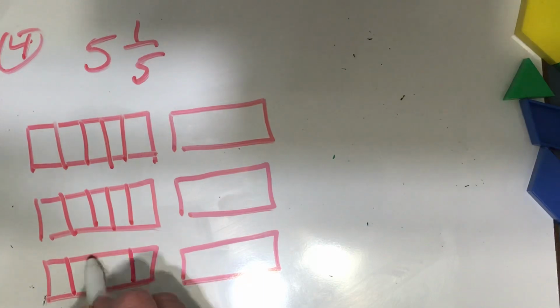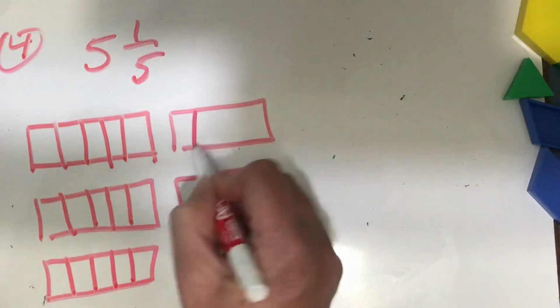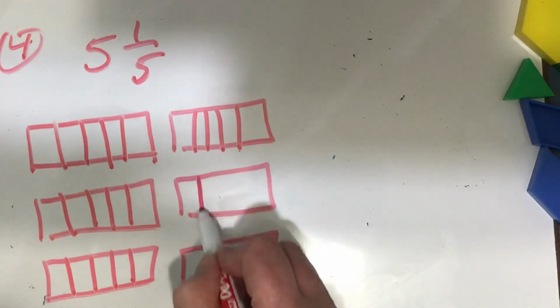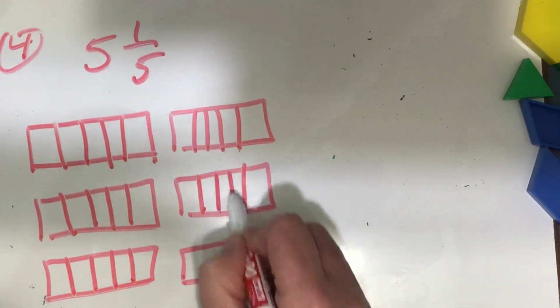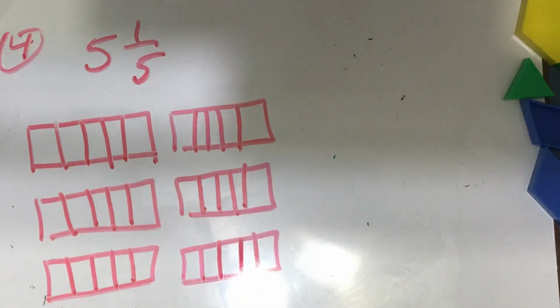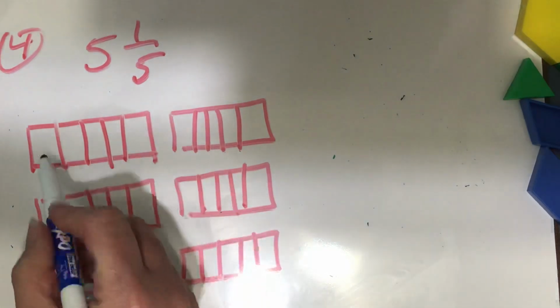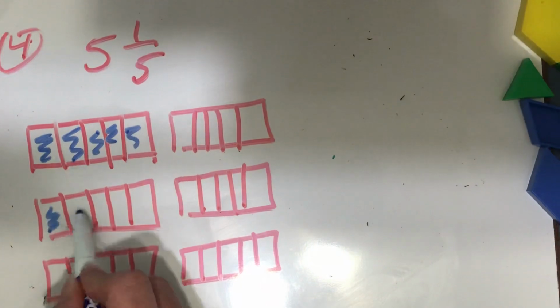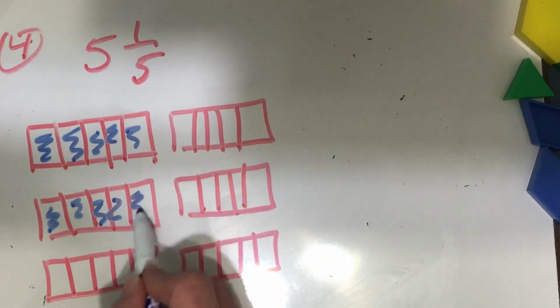Remember, you're going to draw a picture on all of these. This is the third one I've done for you. So there are only 9 that you have left to do on your own because you're only doing the top part. You're not doing the bottom part yet. Just the top part. Okay, so I need to show 5 1/5. So I need to shade in 5 wholes. So I have 5 wholes. This is 1. This is the second whole.